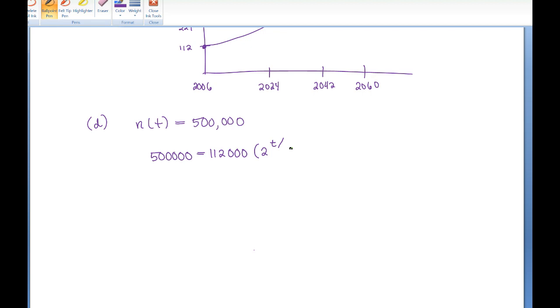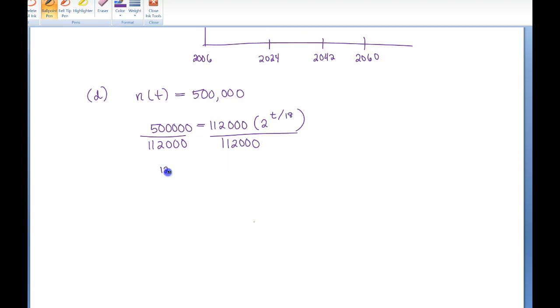Yeah, I think it was, no, it was 18, right? So we're going to divide both sides by 112,000. So just to simplify, it's 125 over 28 equals 2 to the t over 18.